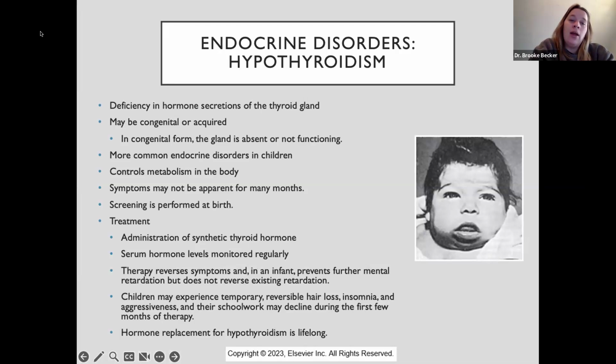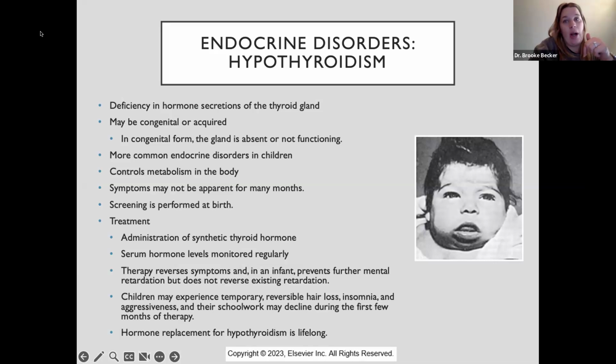This is the most common endocrine disorder in children, hypothyroidism. Thyroid hormone helps control the metabolism in the body. There's various signs that you would see in these kids. Mostly it's hair loss, insomnia, aggressiveness, and their schoolwork is not going to be as good.